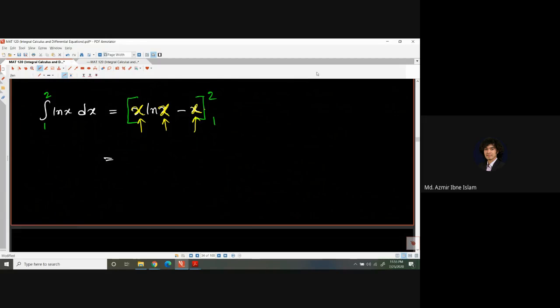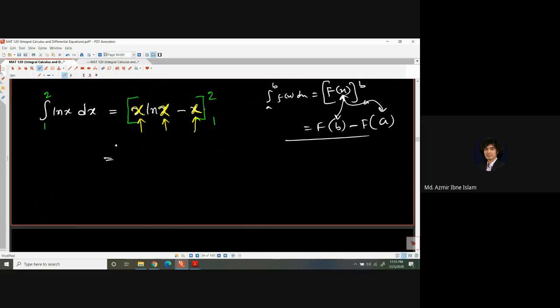Here, recall the fundamental theorem: if we have the integral from a to b of f of x dx, and capital F of x is the antiderivative, then we input the upper limit where we have x, negative, the lower limit where we have x. That is what is known as the fundamental theorem of calculus.